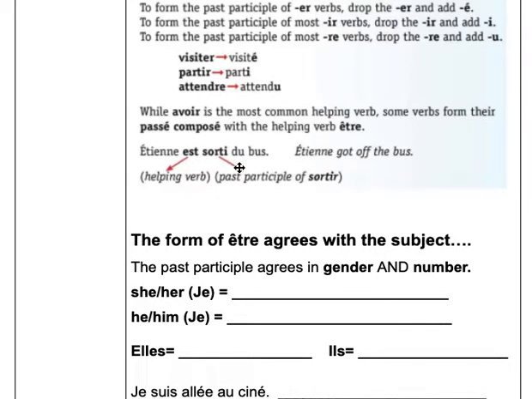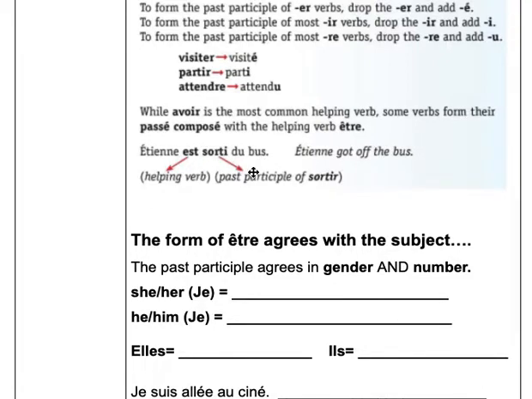It does not use avoir for the past tense. So we would say Etienne est because Etienne is an il. Okay, so he, and then the être form for il is est, so il est, and then the past participle of sortir is sorti. So Etienne est sorti du bus.